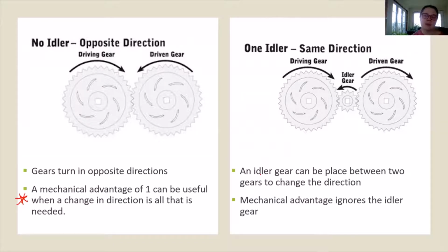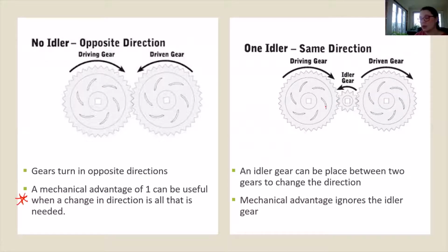Just maybe. All right. What if we put a gear in the middle? What happens? This is what we call an idler gear. So you'll see these two gears are the same size. Because they're the same size, they don't have a difference in their mechanical advantage. This little gear in the middle, what happens?